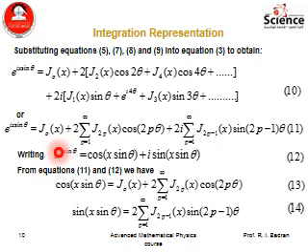Writing e to the power i x sine theta as cosine of x sine theta plus i sine of x sine theta, and equating equation 11 with equation 12, we'll get these two expressions for cosine of x sine theta and sine of x sine theta.